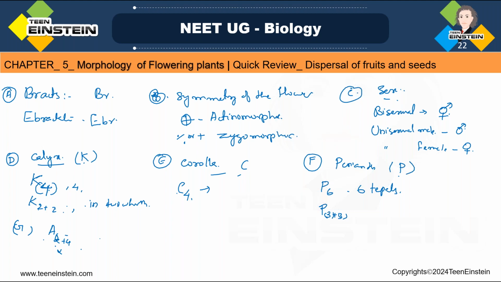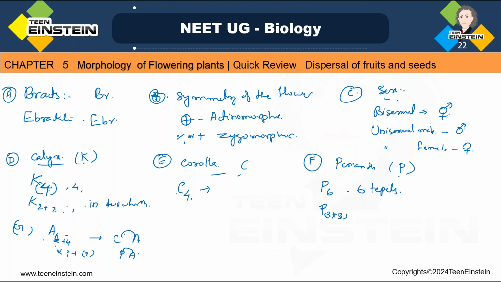And if I'm writing A10, that means 10 stamens are there, and it is in monoadelphous condition. And if I'm writing 1 plus 9, like this in one family, it will come like this. 1 means this 1 is free, and these 9 stamens are united or fused. Then sometimes we will write C connected like this to P A. That means the androecium is epipetalous.